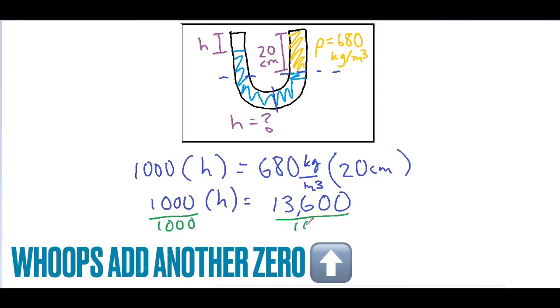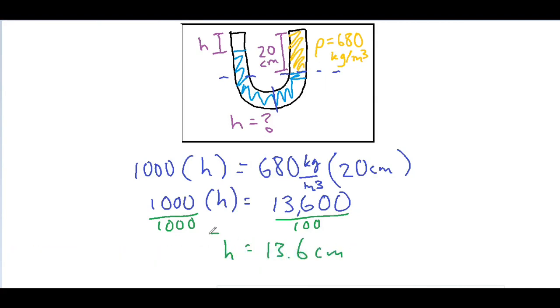We're then dividing by 1,000, and then we have an h value of 13.6 centimeters, which is not our answer, but it brings us pretty close. So we know that we have 13.6 centimeters of fluid going upwards, but that wasn't our main unknown variable.